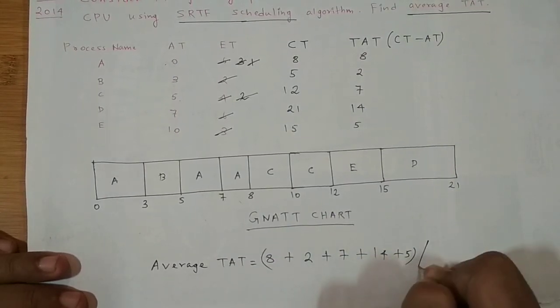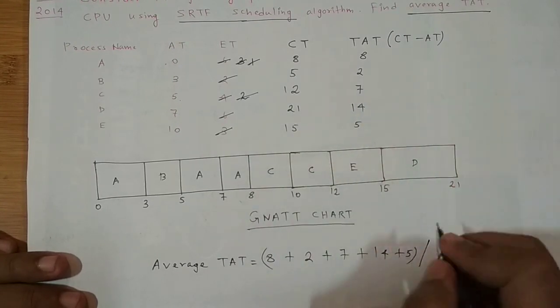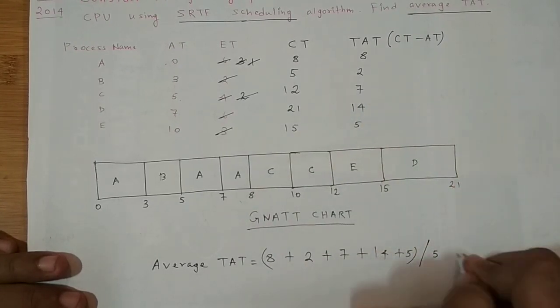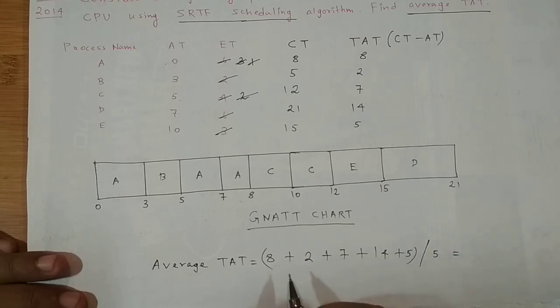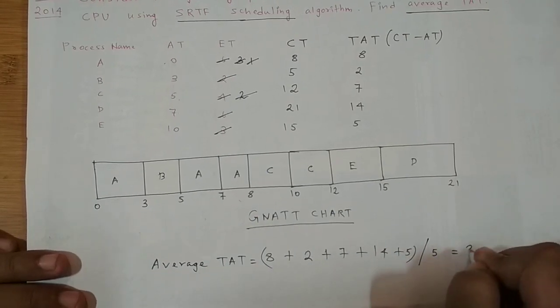The sum divided by the number of processes, which in this case happens to be 5. If you calculate this, you'll get 8 plus 2, 10, 17, 31, 36. Let's do it again. 5 plus 14, 19, 26, 28, 36. Yes. So it's 36 divided by 5.